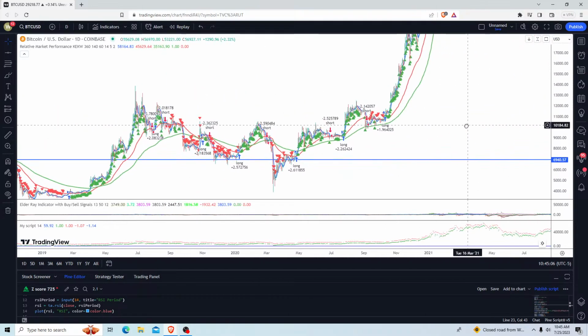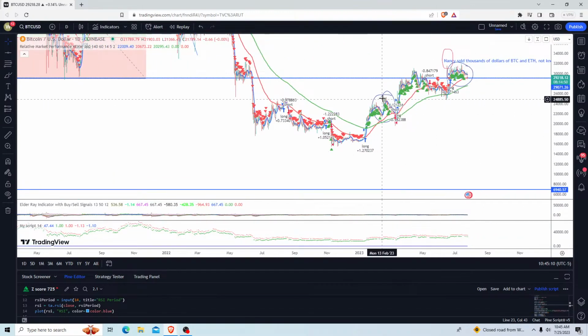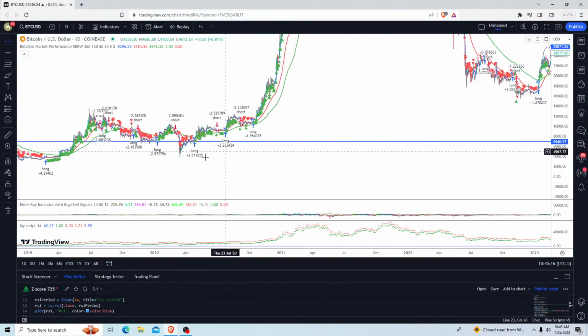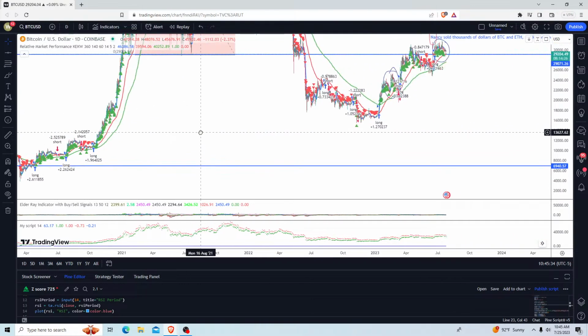So that would be just like that: one wave, two waves, three waves. That could mean that we're more like this. One wave, two waves, three waves. It's rocket science. I'm not making any sense right now.